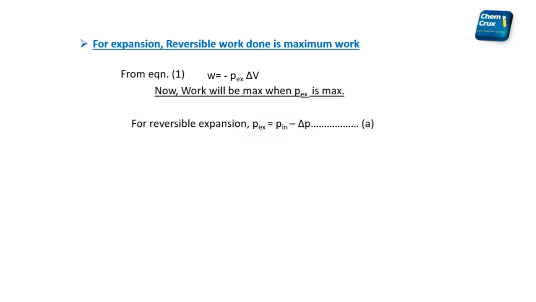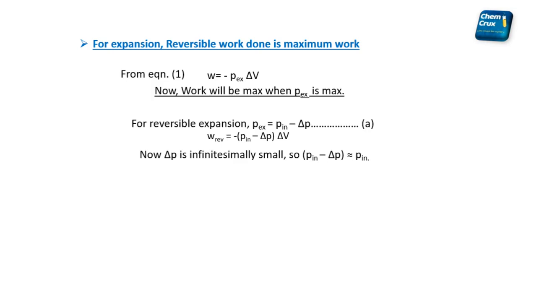Now if we put A in equation 1, we will get this equation, right? Now we know delta P is infinitesimally small because in reversible processes the initial condition can always be restored by an infinitesimal change, right? So we know that the pressure difference is infinitesimally small.